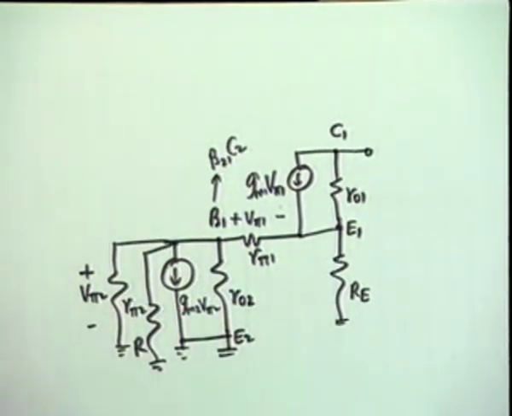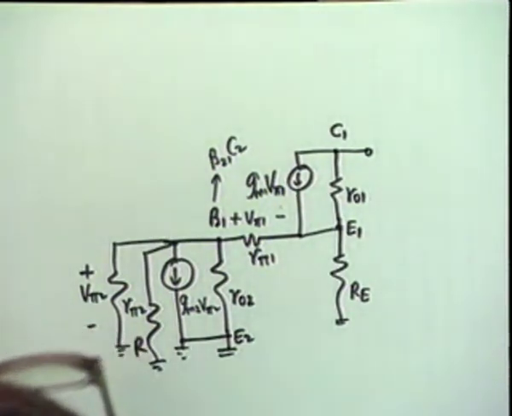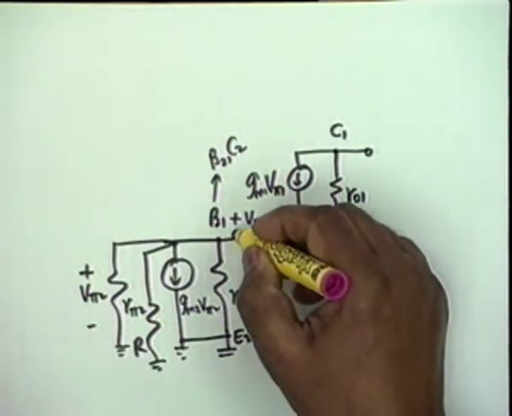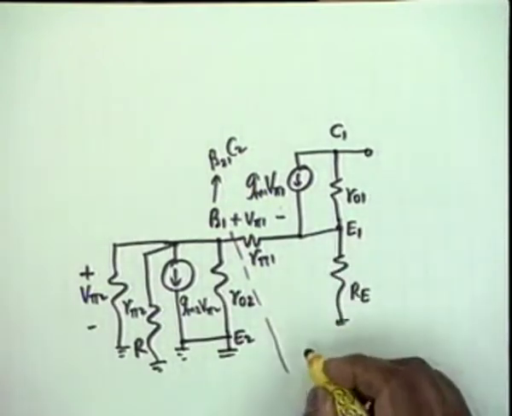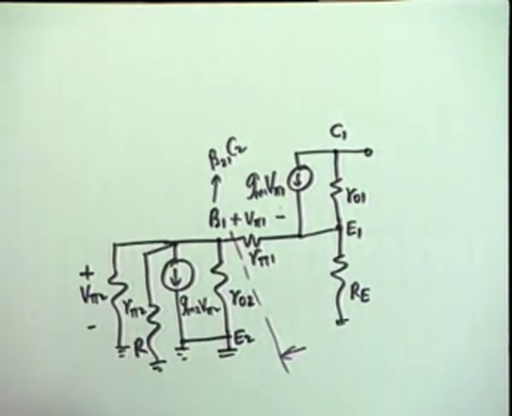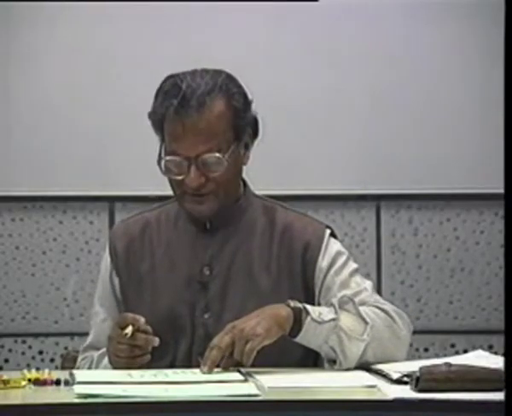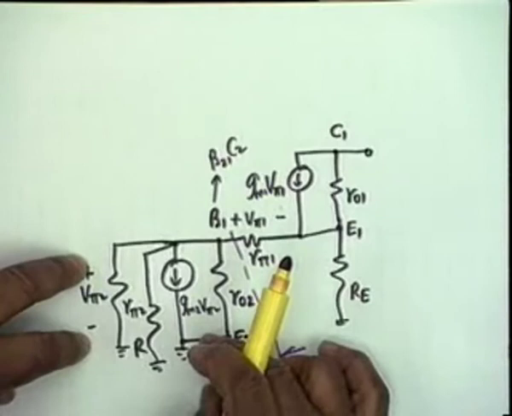Now here is some observation needed. The observation is that if we look from here, all of them are equivalent to a single resistance, because V pi 2 is the voltage across GM2 V pi 2.